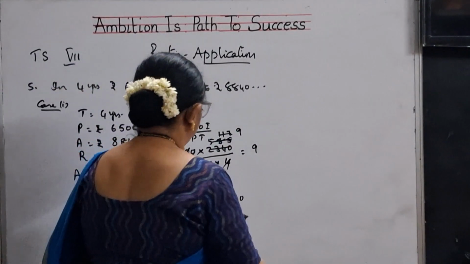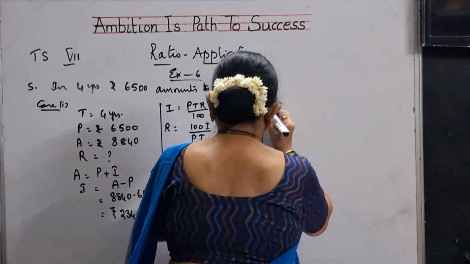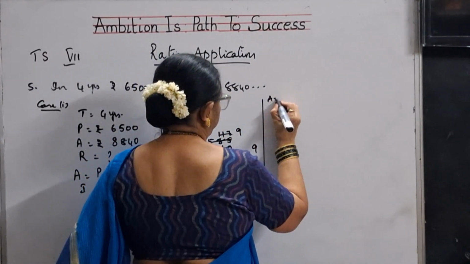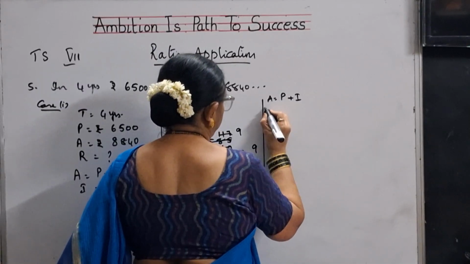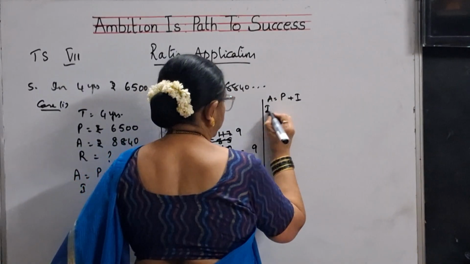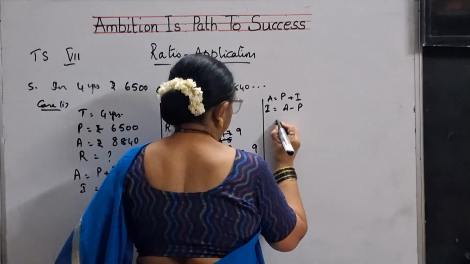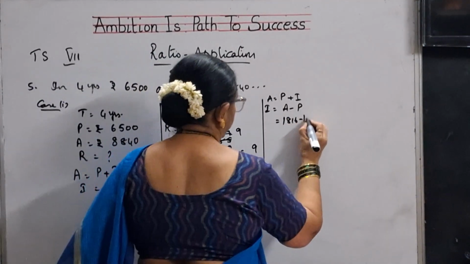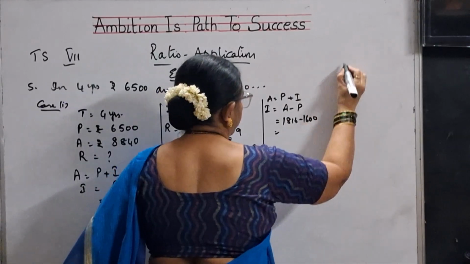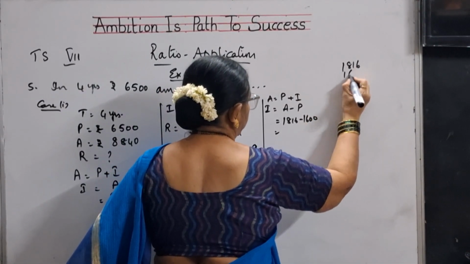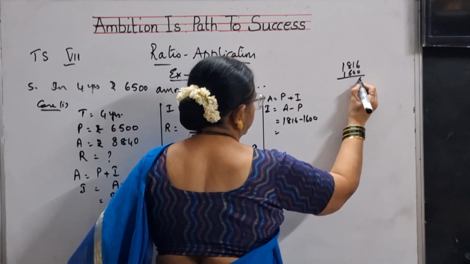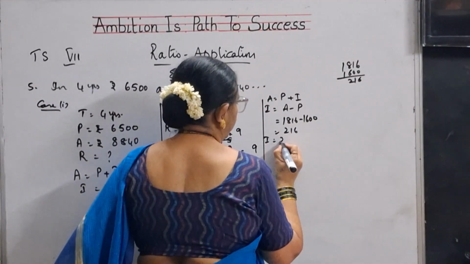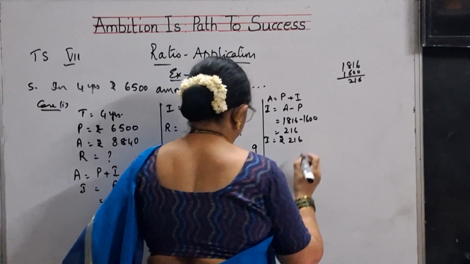This is what case 2 is asking for. We know again amount is equal to P plus I and I is equal to A minus P. So amount is 1816 minus 1600. When you subtract, you get 216. So I is equal to rupees 216.